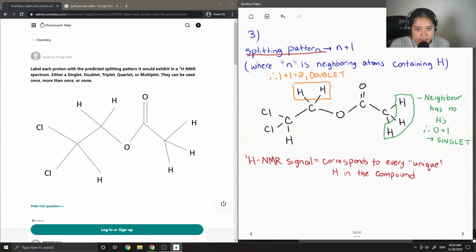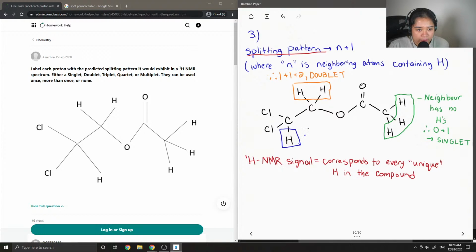And then lastly, let's look at our last hydrogen, which is by itself. It is bonded to a carbon that's bonded to another carbon with 2 hydrogens.